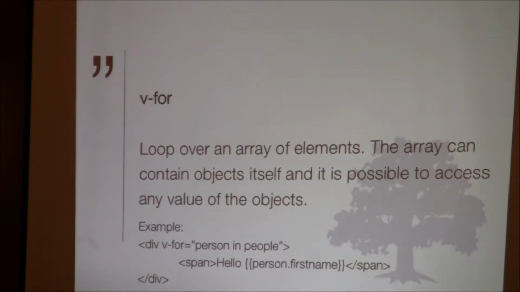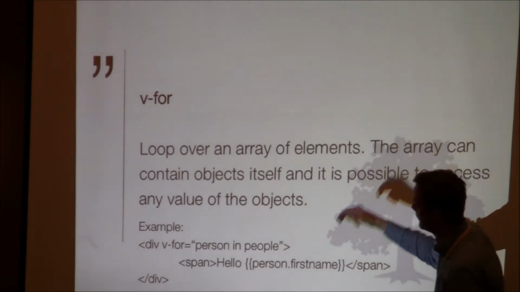We have v-for, which loops over an array of elements. Array, everybody knows an array, so they have different things. The array can contain objects itself, and it's possible to access the value of the object. So easily, we can have an array of strings, and then we can say for every string within our array, please write a line within our app.